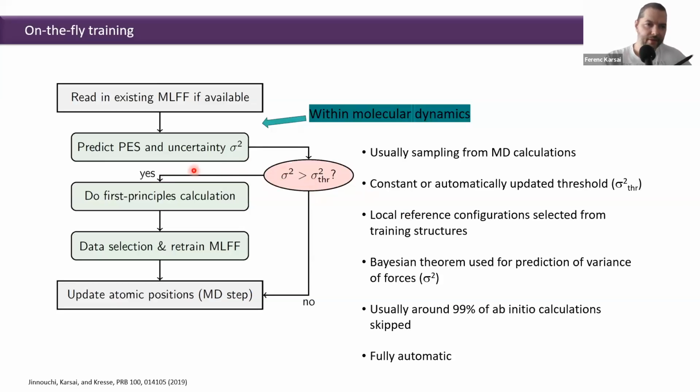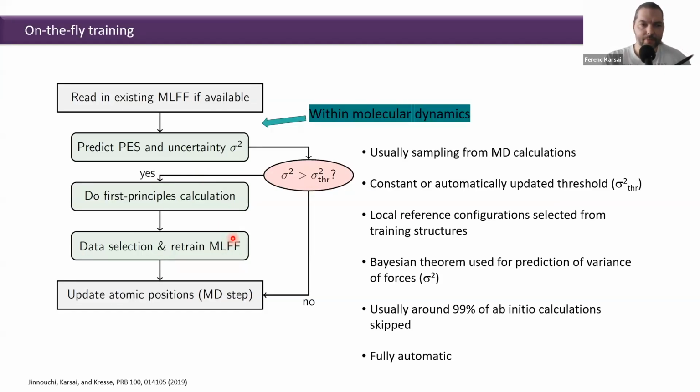In that case, if it is above, we have to do a first principles calculation, add the energies, forces, stresses, and the structural data to the data set, choose local reference configurations, and possibly retrain or not.